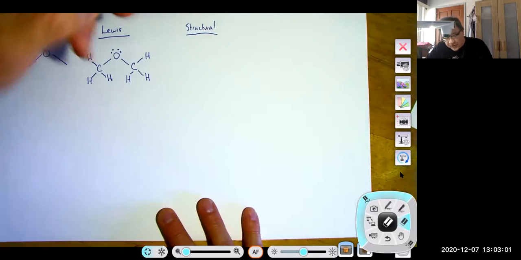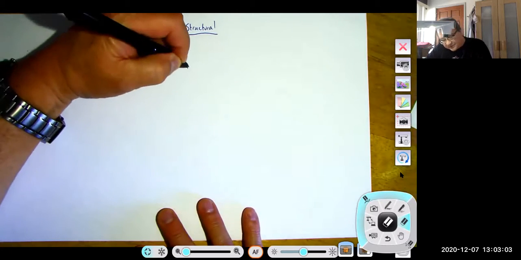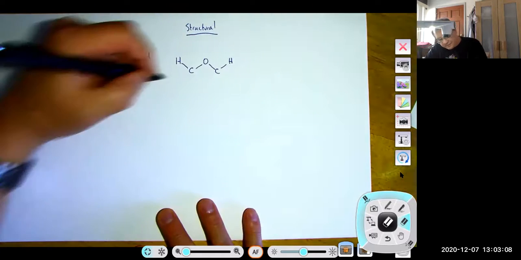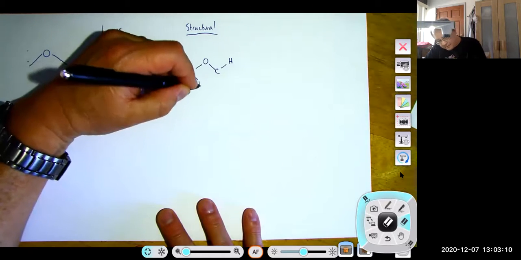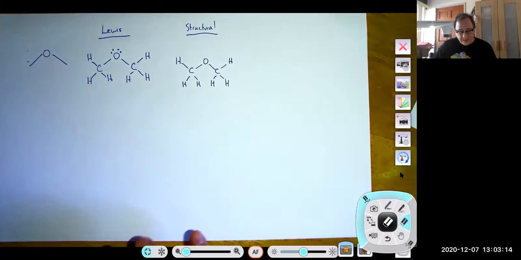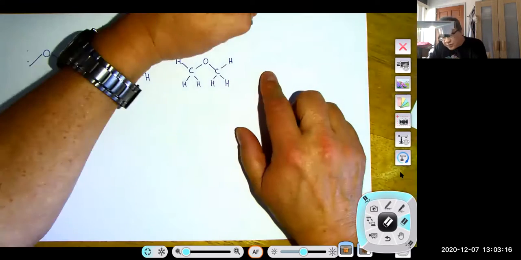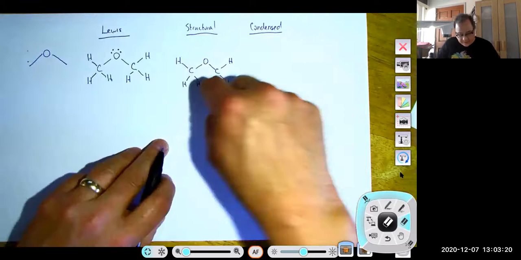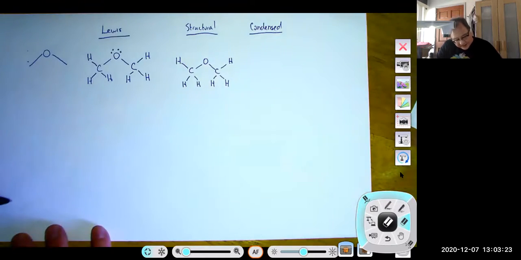Okay, so you should have something that looks like this, and the lone pairs are not drawn. Now, next, we're going to do the condensed, but I'm going to let you figure out what the condensed looks like here based on this guy here.